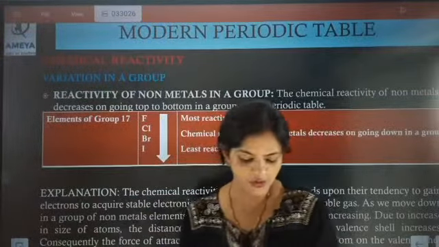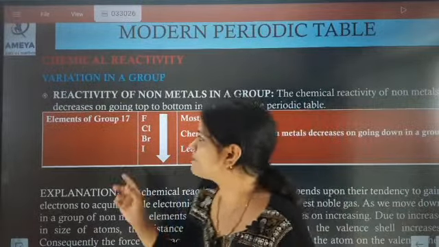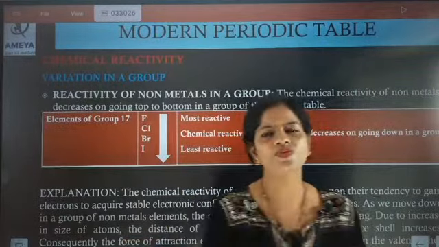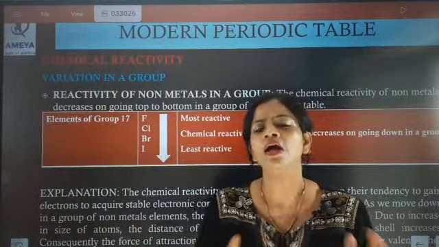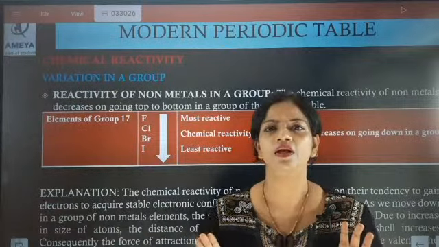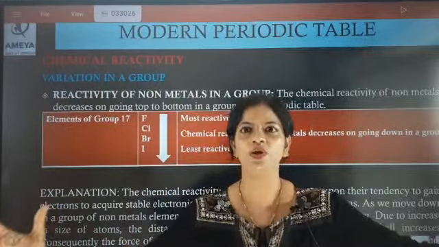But when you go to group 17, what will happen? Group 17 needs an electron to become stable. But as we go down the group, the iodine size will be big.